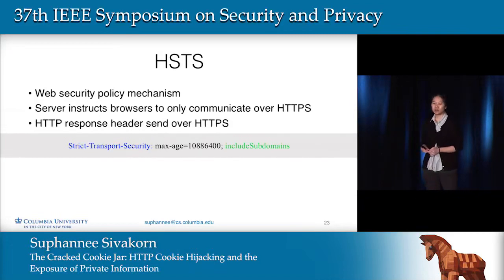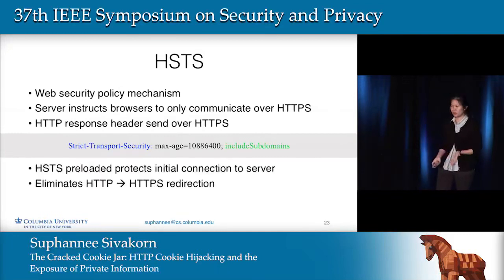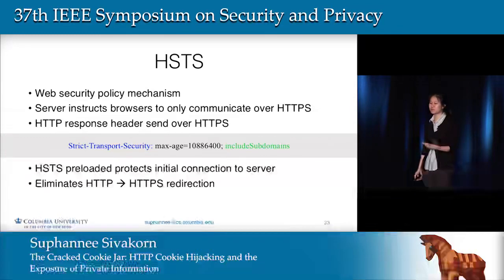But even if a website uses HSTS, it doesn't mean the first connection won't be on HTTP, because HSTS can be set in the first HTTPS response. This means users are still vulnerable on the very first connection. Of course, they know that, and they came up with HSTS preload, which is a list of domain names and subdomains that will be preloaded in the browser.